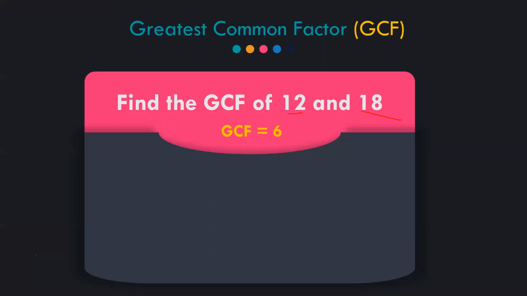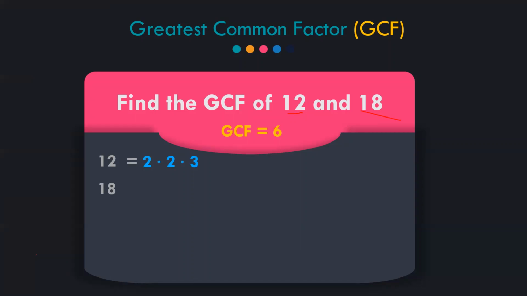Now, kung nahihirapan kang hanapin kagad yung greatest common factor, meron pang ibang ways kung paano natin makuha yon. And the first one is through prime factorization. So let's say we have 12 and 18. So we need to have the prime factorizations of 12.